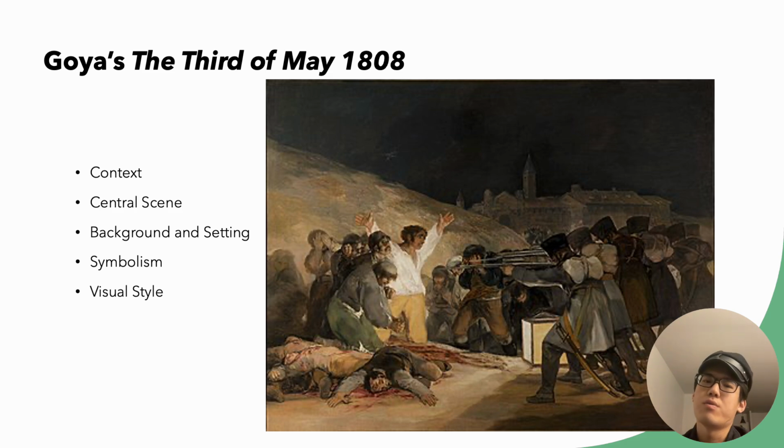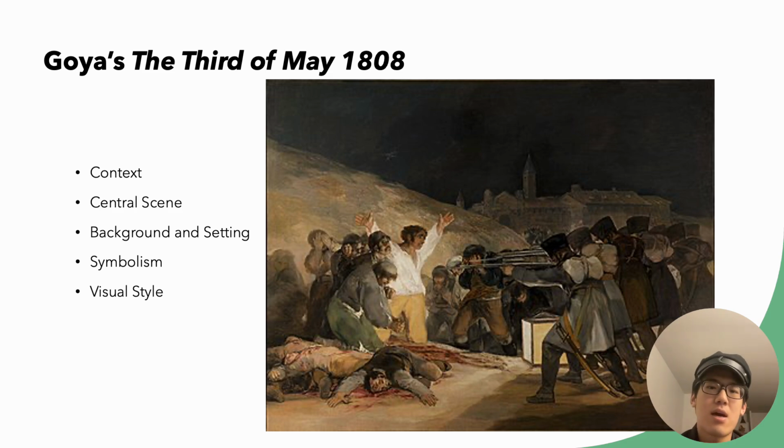As for the central scene, we can see a firing squad of French soldiers aiming rifles at a group of Spanish civilians, and the central figure, a man in a white shirt and yellow pants, raises his arms in a gesture of surrender.